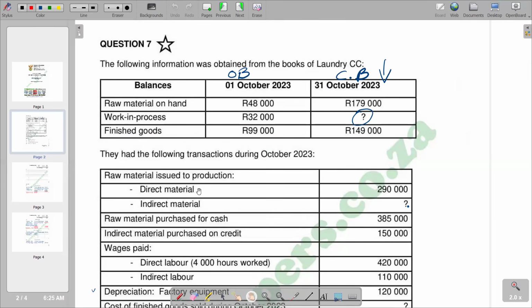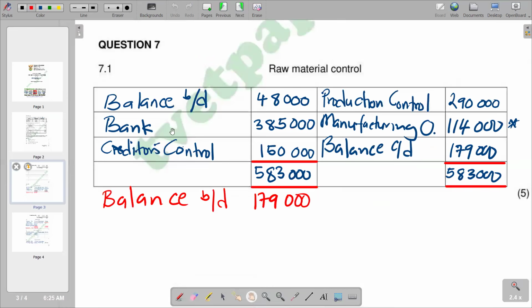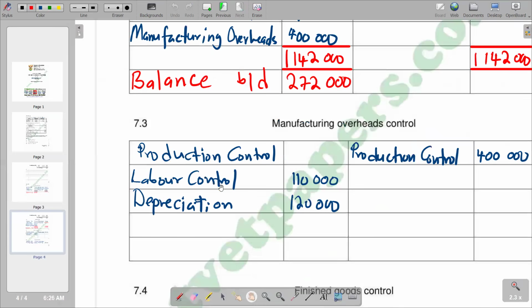Those entries are crediting raw materials control with 140,000 and debiting manufacturing overheads with 140,000. So we can enter that one, 140. From there, we can see that we have entered that one.